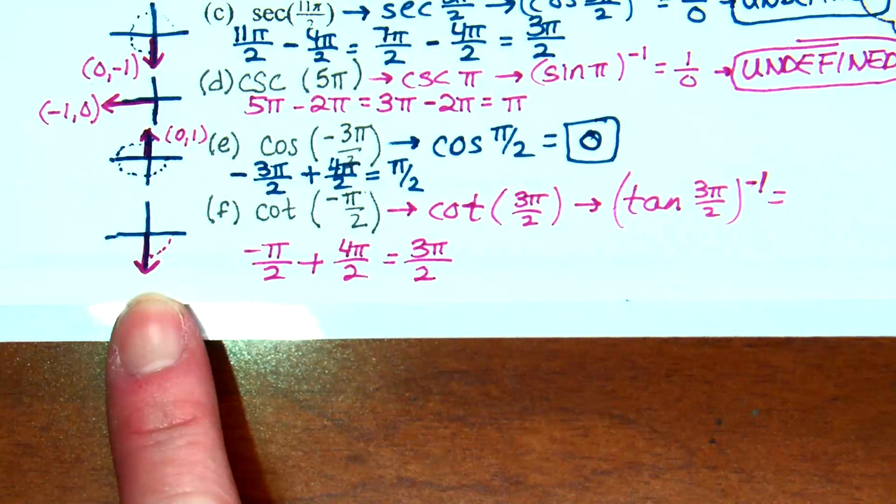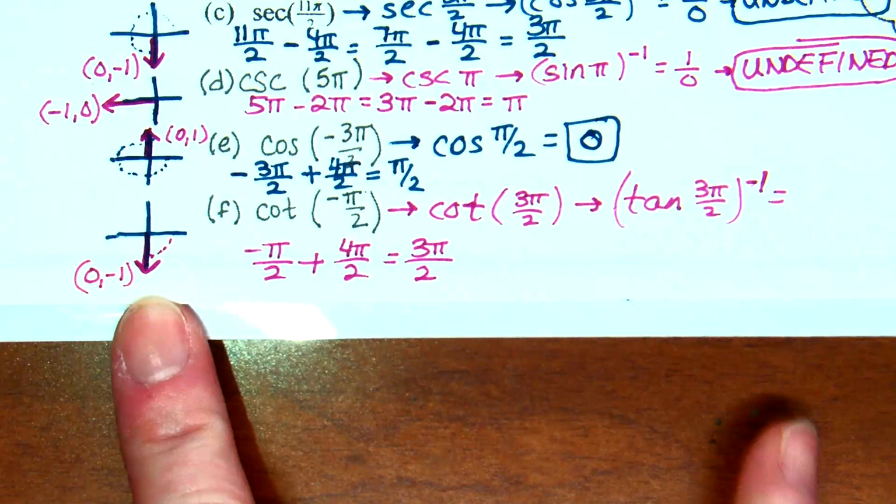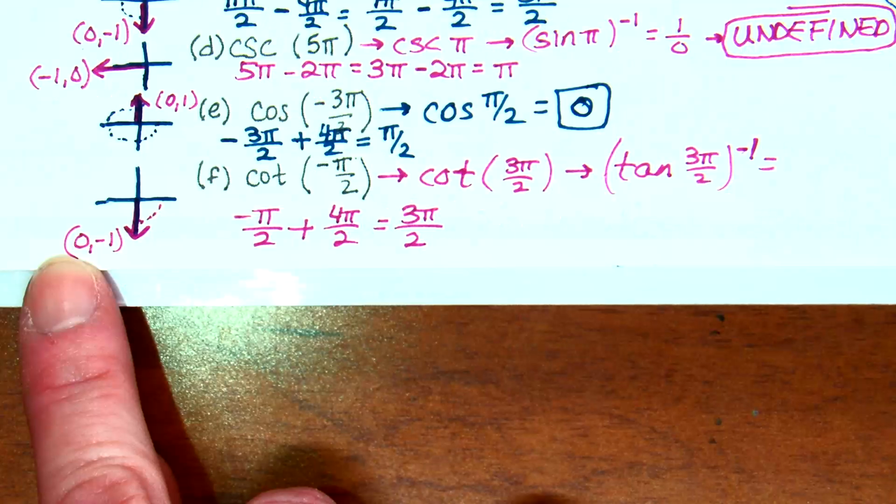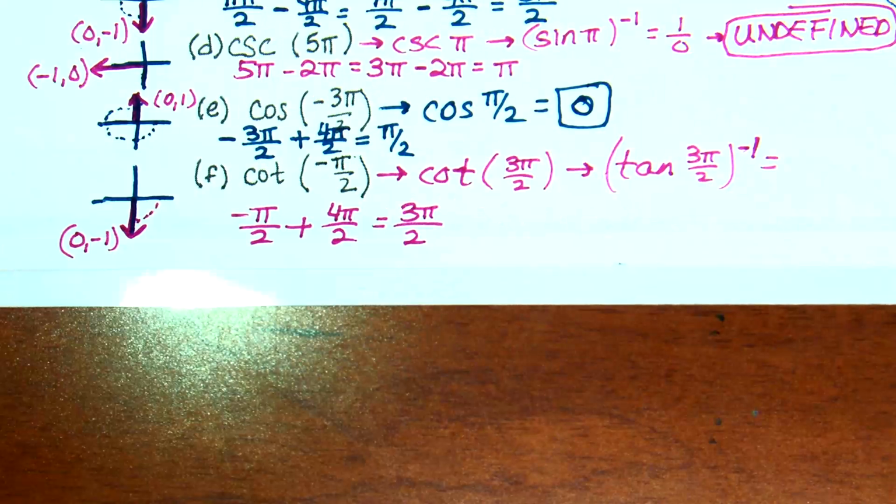Left to right, 0, down 1. So 0, negative 1. So what do we know about tangent? Tangent is y over x. So negative 1 over 0. But we really need cotangent, so cotangent is, instead of being y over x, going to be x over y, which is 0.